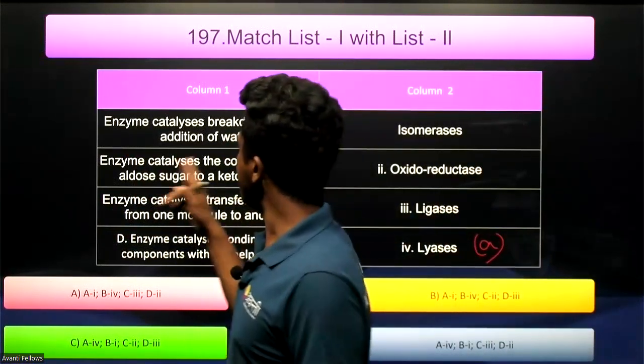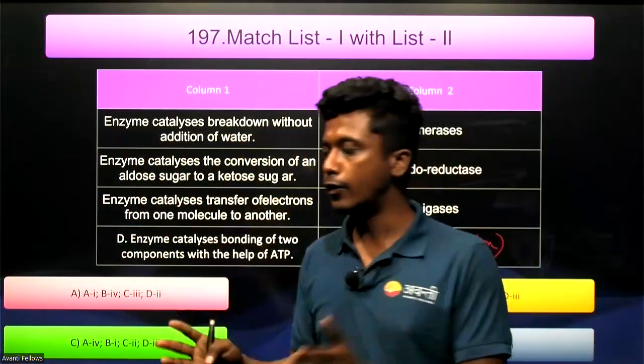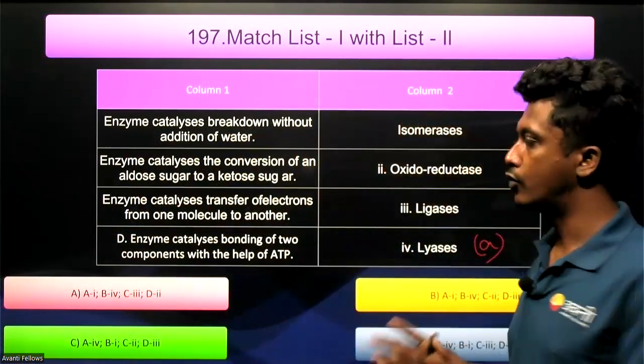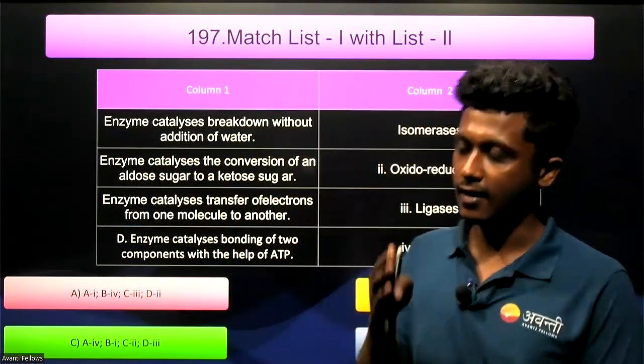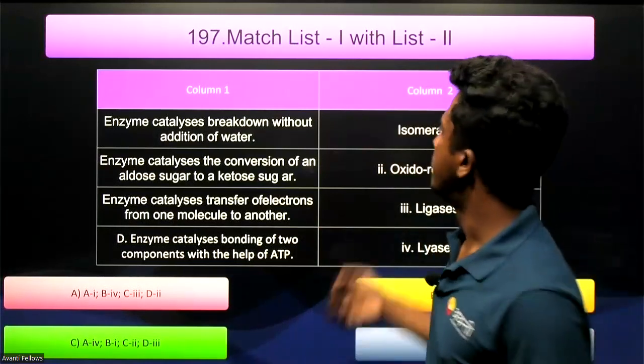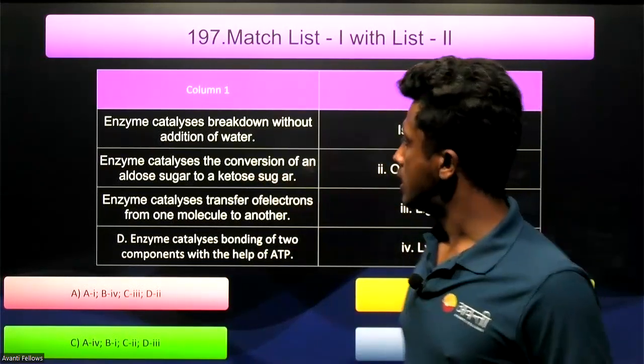Next one. Enzyme catalyzes the conversion of an aldose sugar to ketose. See, whenever it comes to conversion of aldose to ketose, it is an isomerization reaction. The geometrical isomer is performed on the substrate. So that is why it is isomerase. So I'll write it as B. Got it? Next one.